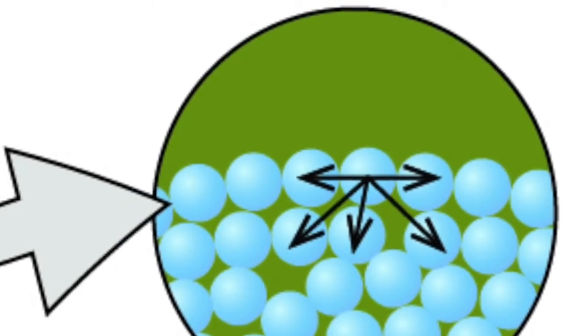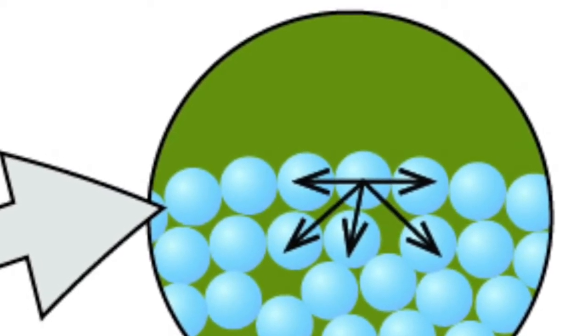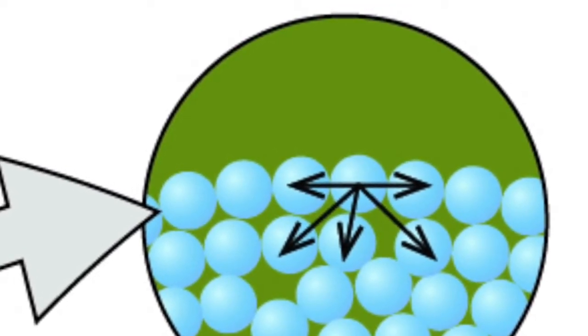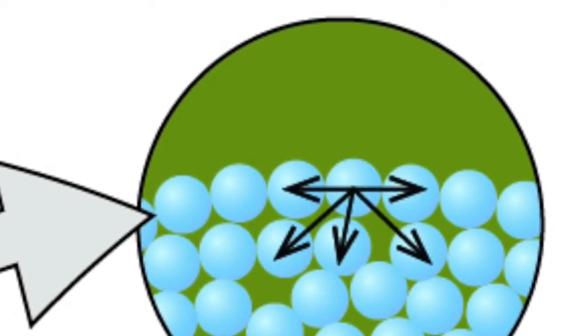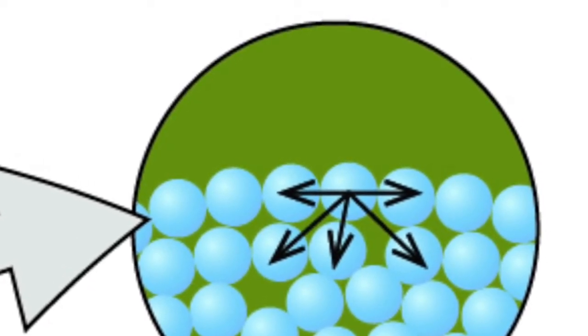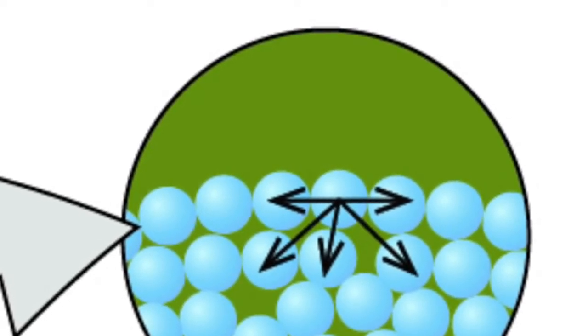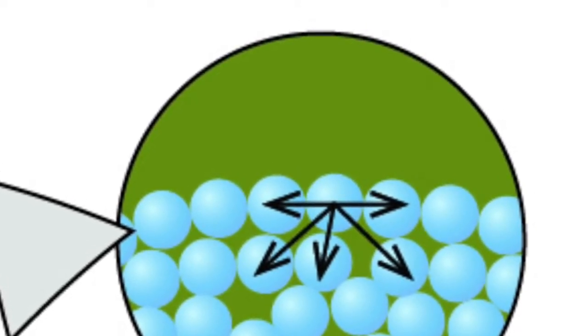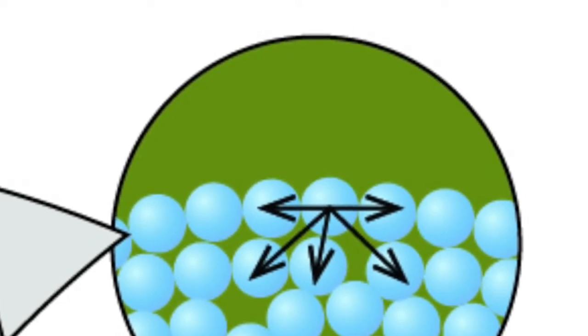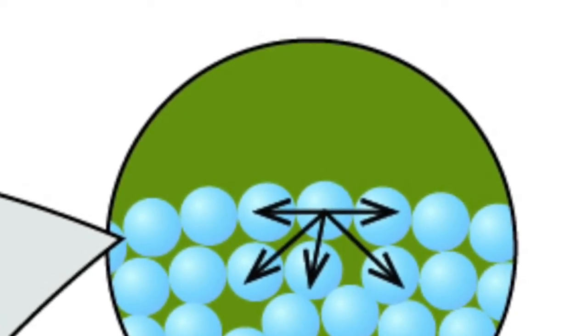Imagine in this picture, however, that we're looking at the molecules on the outside of the stream. Since they are attracted to fewer molecules, because half of its attraction is gone since it is just air, there's more attraction to the water on the inside of the stream, therefore it's drawn inwards.